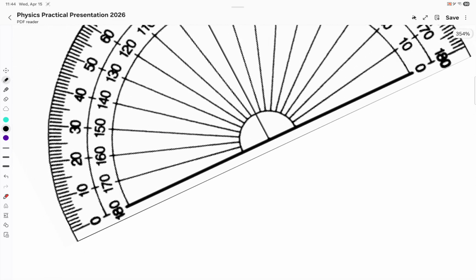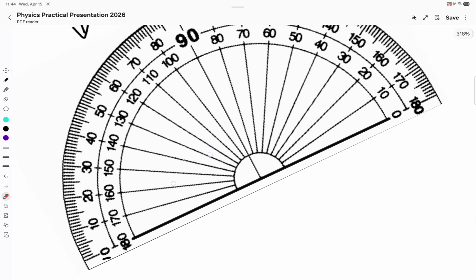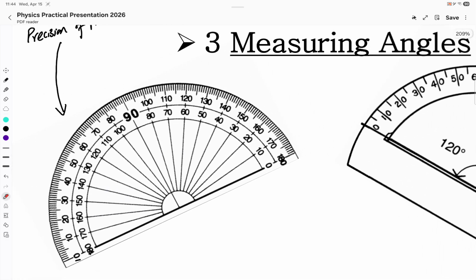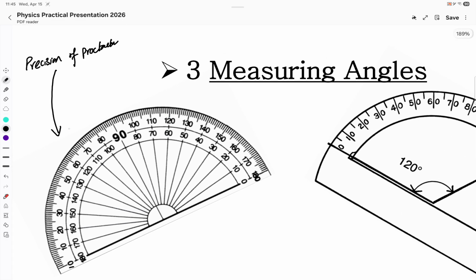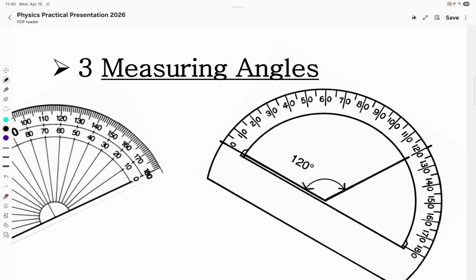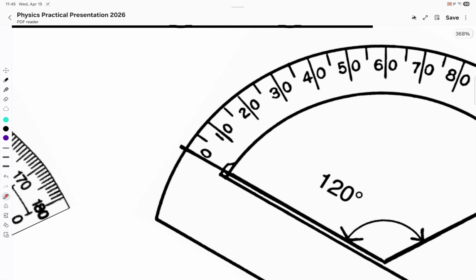If you just look at the diagram, it's 0 and 10, and then you have further subdivisions you can see. So this one is 1 degree precise, and if you look at over here, 0, 5, 10, 15, 20.